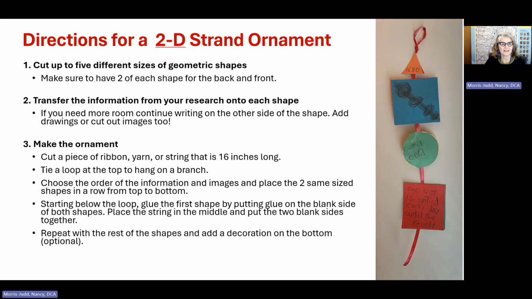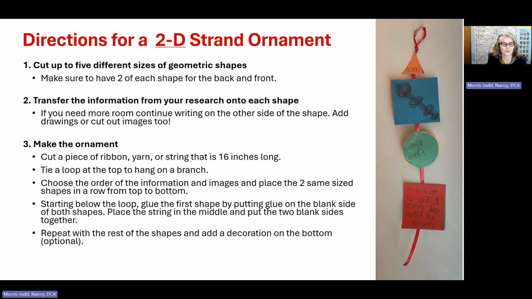The next ornament is a 2-dimensional strand ornament. With this one, students cut out various sizes of shapes out of different colors of construction paper, and they make 2 of each one. So you can see on the green circle, there's some yellow around the edge.